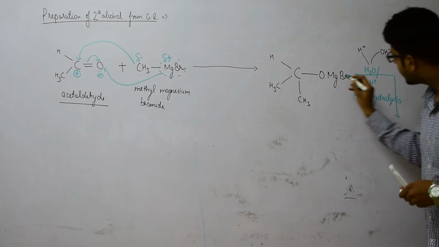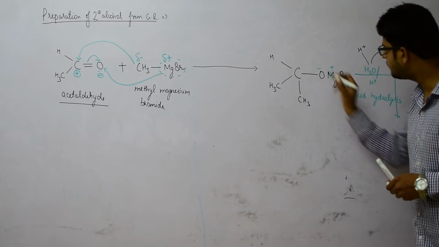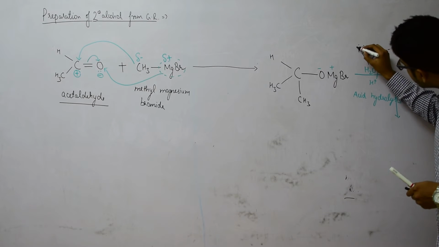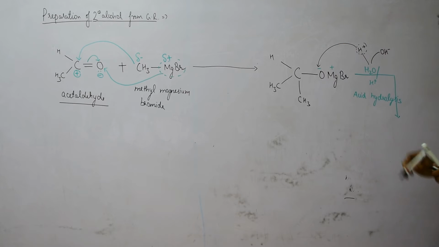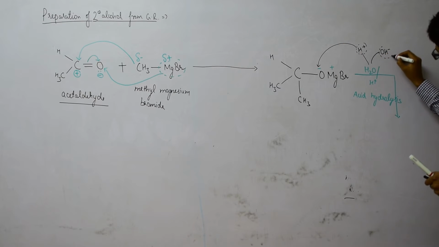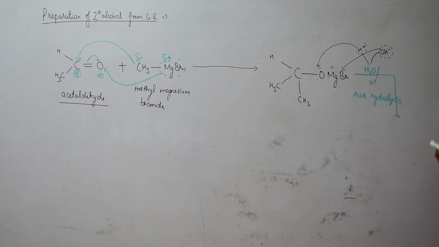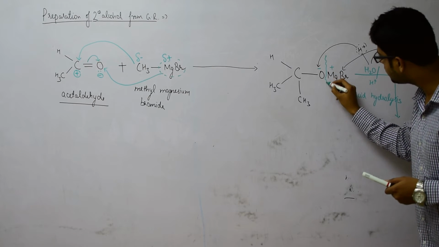This MgBr part has a slight positive charge and this oxygen will have a negative charge. So this H plus would approach this oxygen atom and this OH minus would approach the MgBr group, and a cleavage of bond will take place between the two.